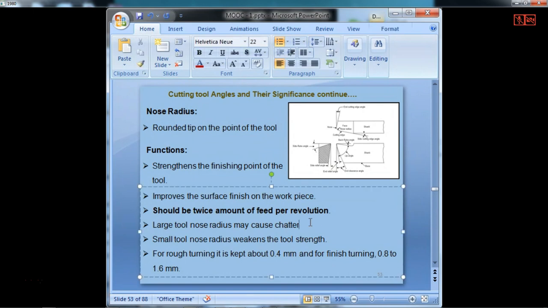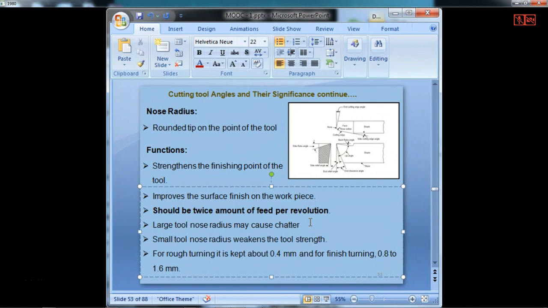You know what is chatter? This is another important question which generally will be asked. There are two terms, vibration and chatter. Vibration is a periodic motion because you have a rotating head and moving parts, so you get what is called vibration. It will be more periodic. But chatter is an abnormal increase in these vibrations, which can result in a very rough surface on the workpiece.